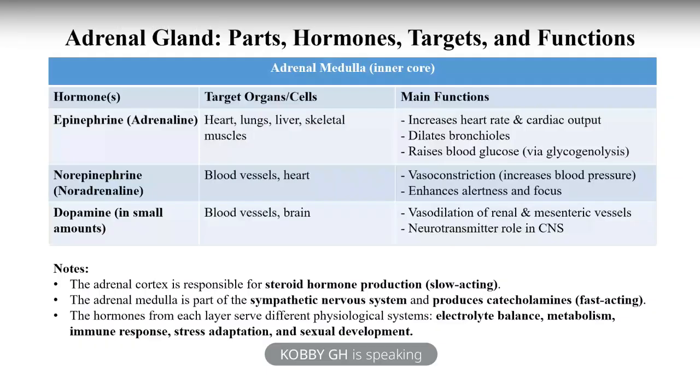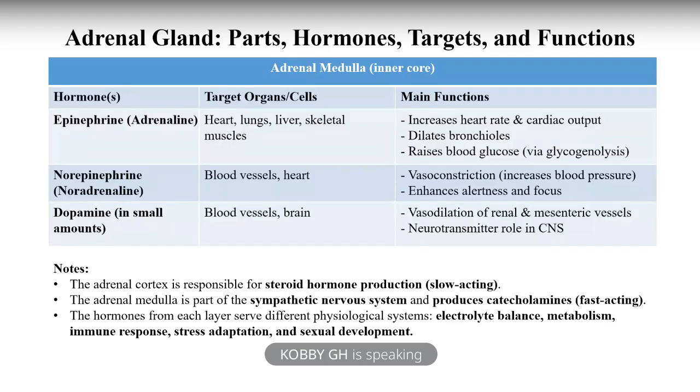Okay. So you see, the lady that asked the question, it's even there in the notes. You see the catecholamines, we have the epinephrine. The epinephrine is what we also call adrenaline. It's the same name. Anytime you hear adrenaline, it's the same as epinephrine. And anytime you hear norepinephrine, it's the same as noradrenaline.